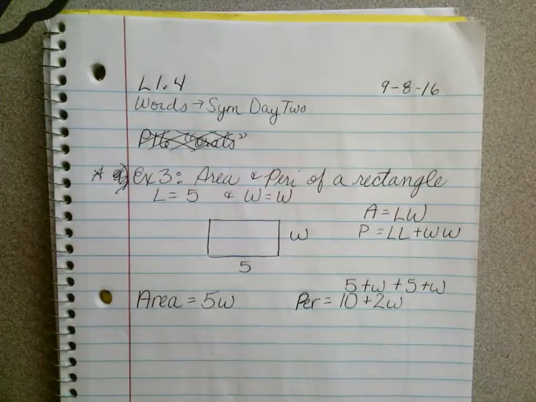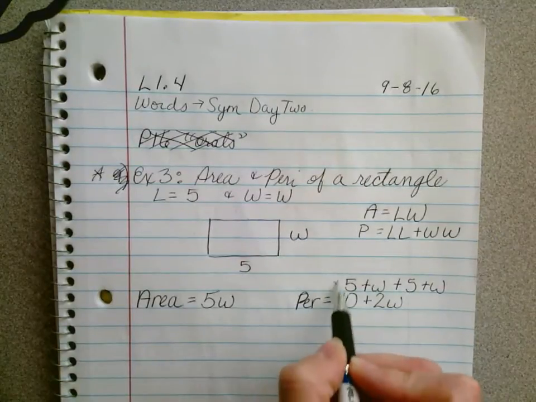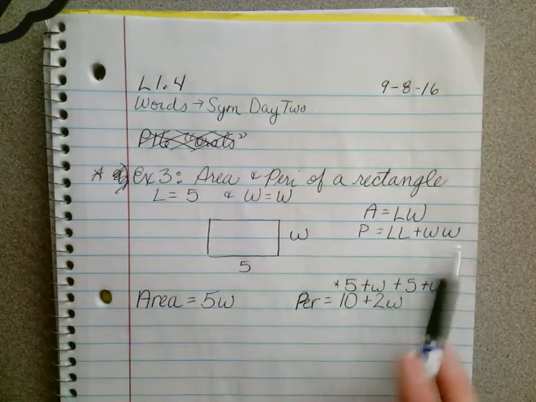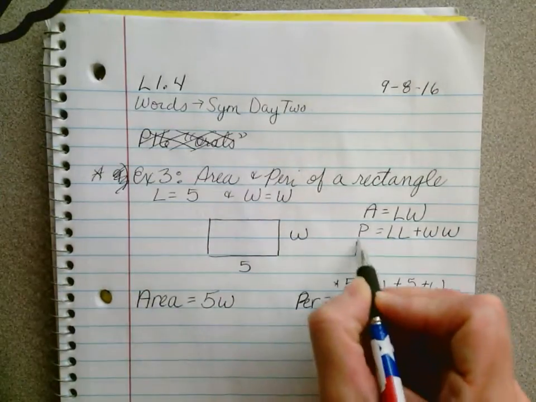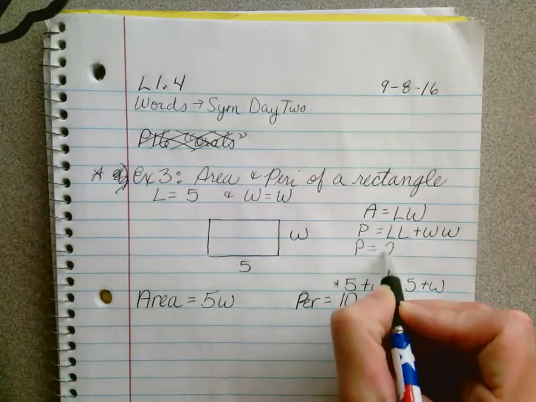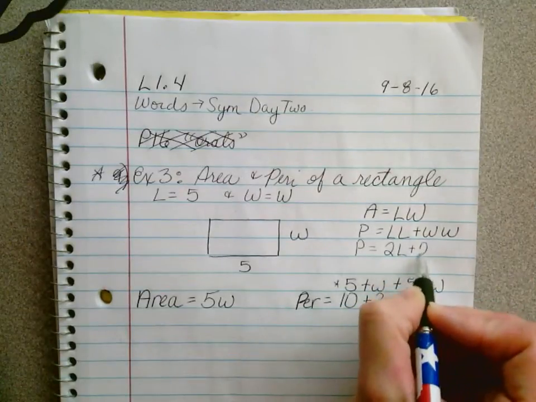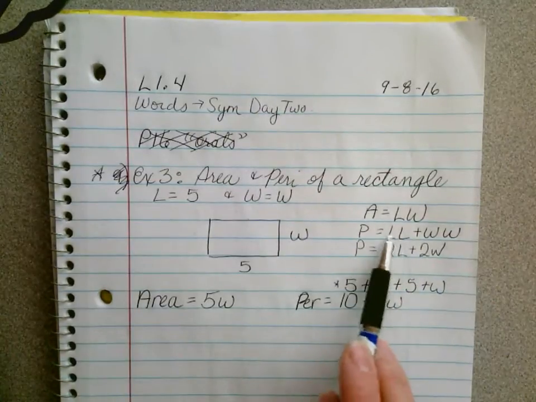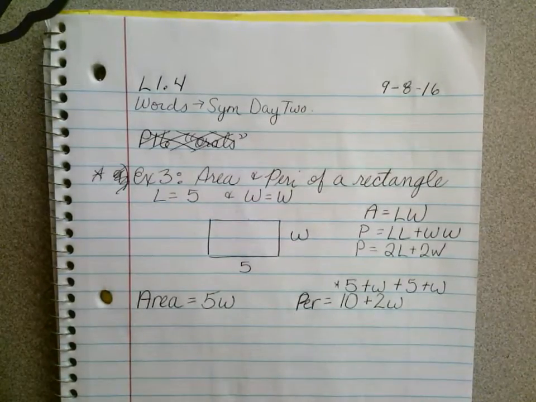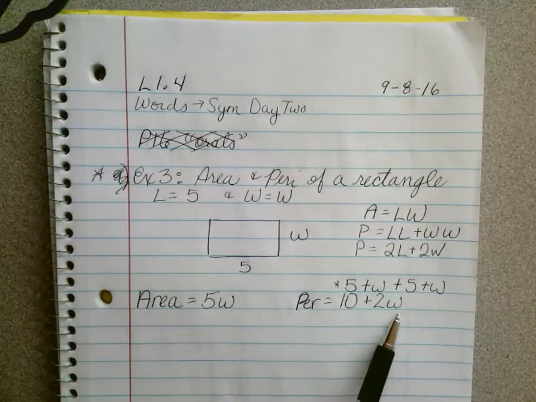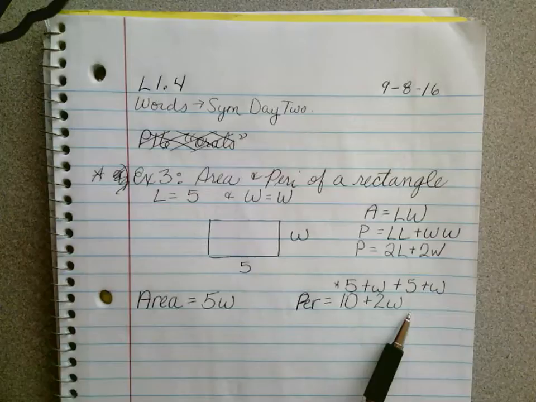In example 3, you can even think of perimeter as 2 of the lengths added to 2 of the widths, because LL is 2 of them and WW is 2 of them. Since we don't have a numeric value for width, it looks like that. That's example 3.